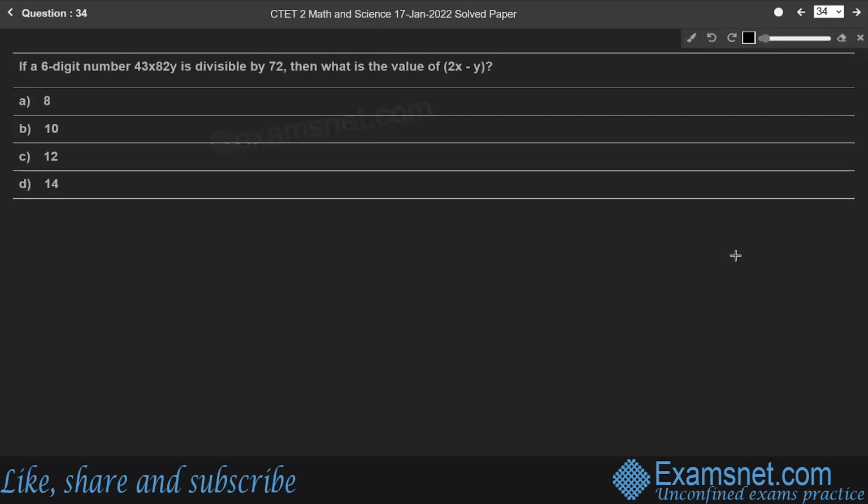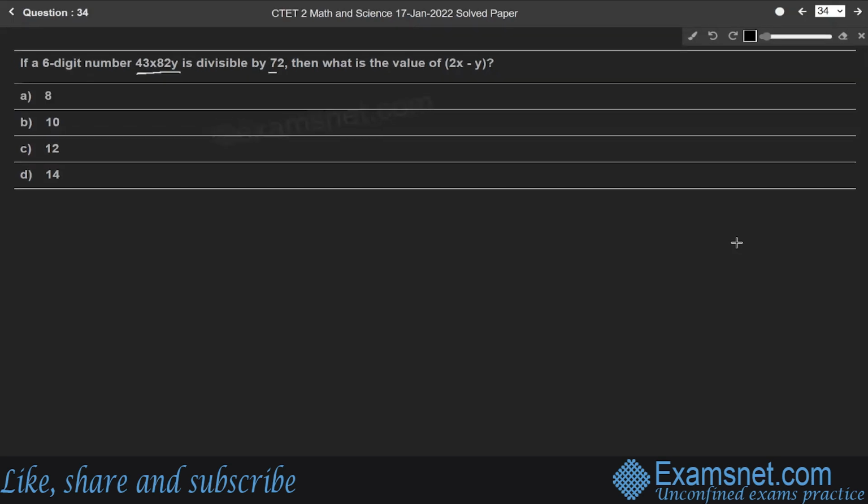Question 34. If a six-digit number 43x82y is divisible by 72, then what is the value of 2x minus y? Given number 43x82y, which is divisible by 72, right? So this number 72 is divisible by 8 as well as 9.